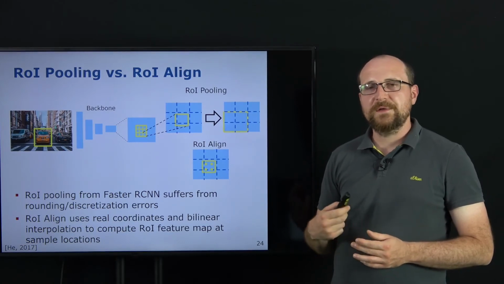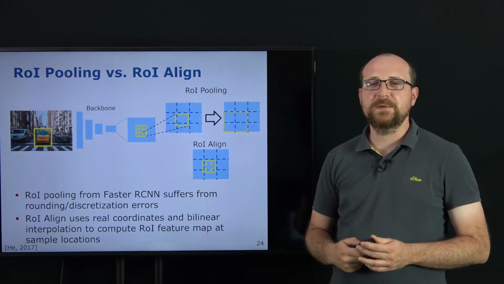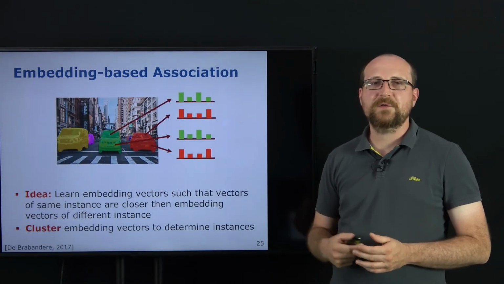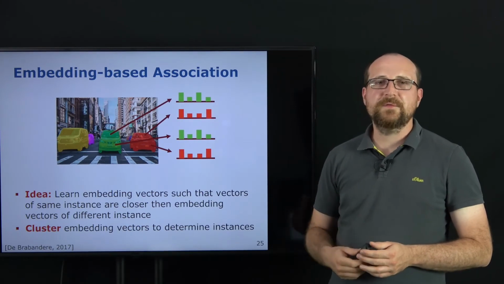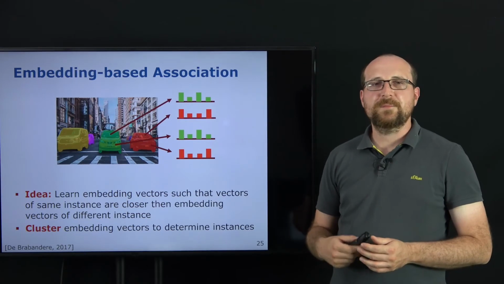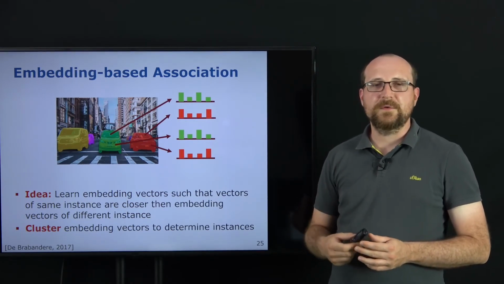A different way to do instance segmentation was proposed by a different group, where we come back to a similar way as we did with CenterNet or CornerNet, where we have for each pixel an embedding vector we want to estimate.